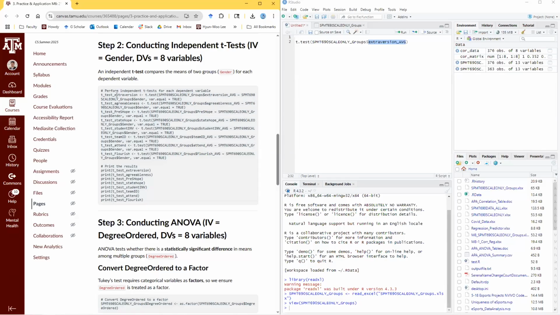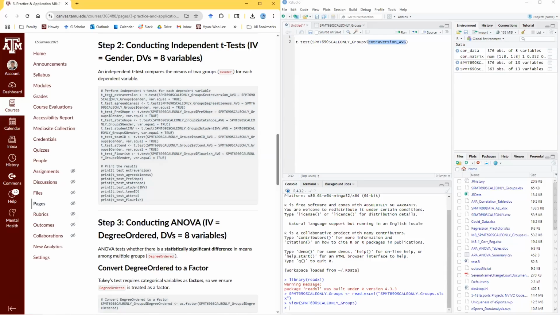What we're doing here is we're assigning that what we're going to call t-test of extroversion is our language of t-test from this data set, with this variable used as means and this variable used as the different groups. And this is an assumption that we're setting.